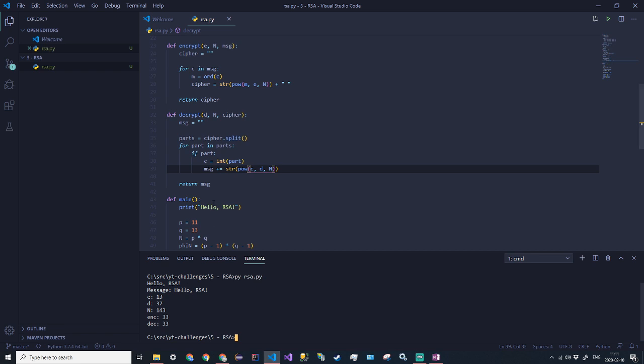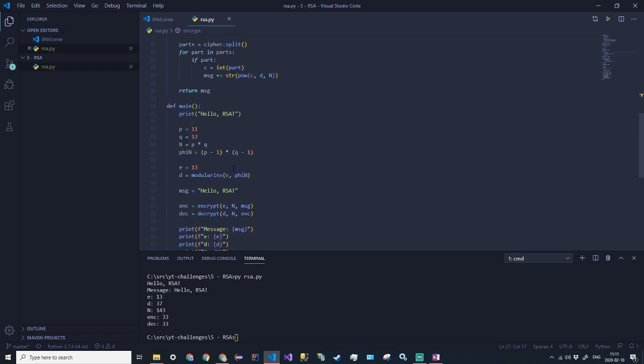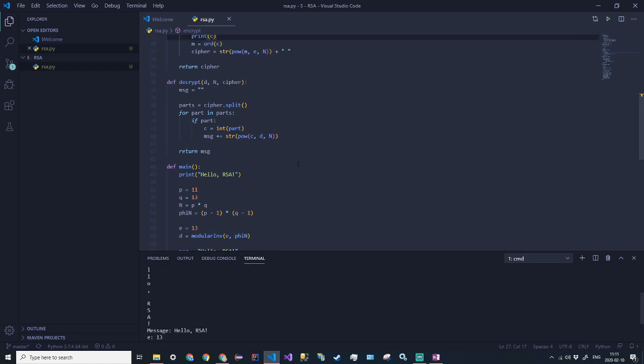That's weird. Let me just print out each character just to make sure we're getting something. Yeah, it's giving us stuff.